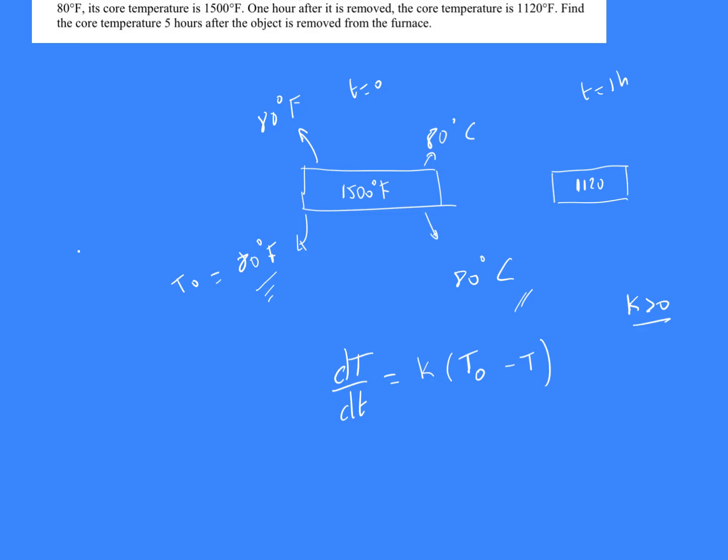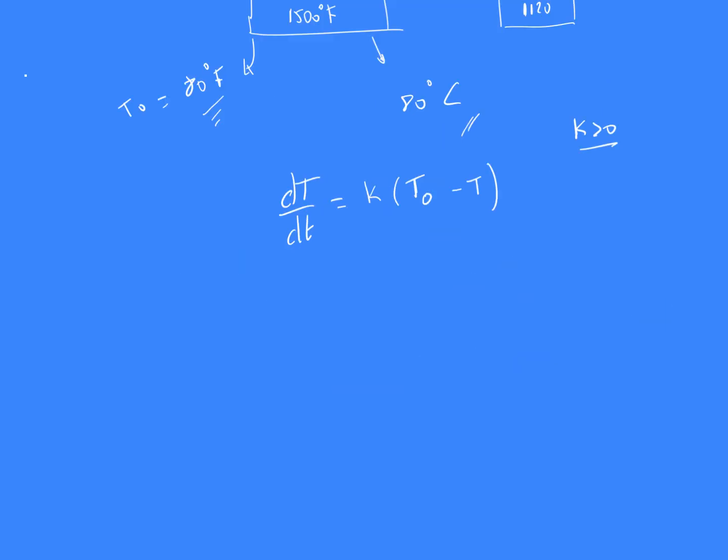So this should be the equation for an object that is decreasing its temperature. But because I want a k that should be negative, the equation should be this one. dT/dt, the change in the temperature with respect to time, should be k times T minus T0. And now the k should be negative. So this is the equation.